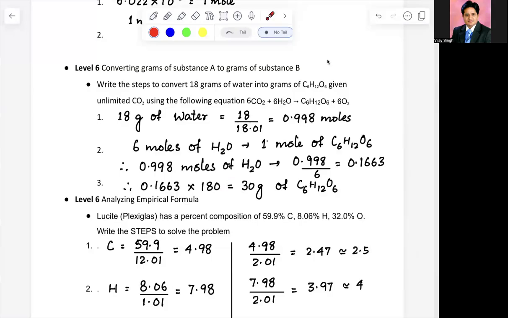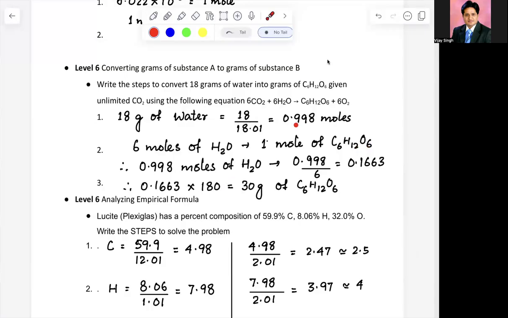Then write the steps to convert 18 grams of water into grams of C6H12O6. So you're trying to convert the grams of water to the grams of glucose. You see 18 grams of water is 0.998 moles. How? 18 divided by 18.01. Now, 6 moles of water gives 1 mole of C6H12O6.